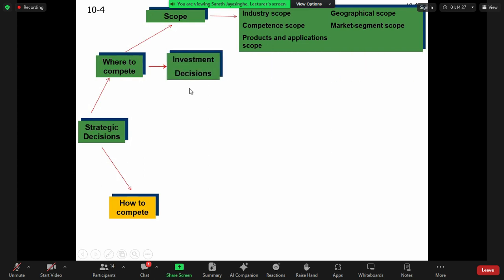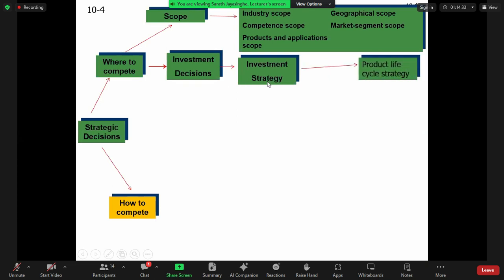The other one, investment decisions should be taken, right? Then you can see investment strategy, product life cycle. To think about the strategies, investment strategies, market strategies, product strategies, you can use this model, product life cycle strategy. And then again you can do the portfolio analysis. That is what we will learn.